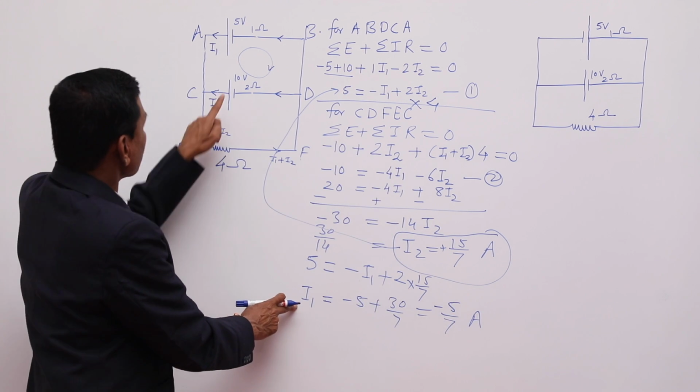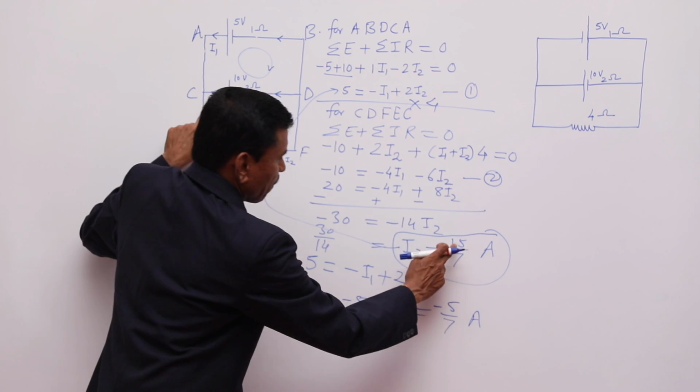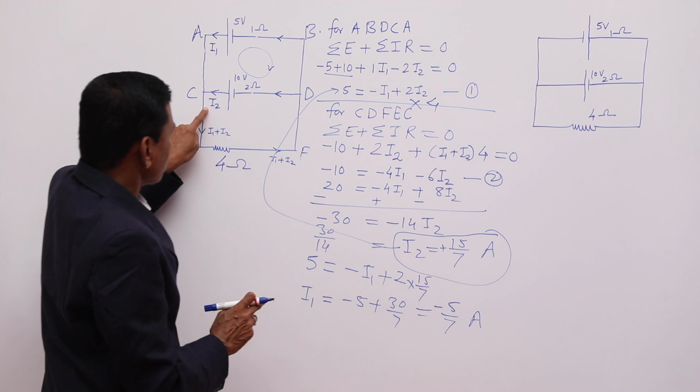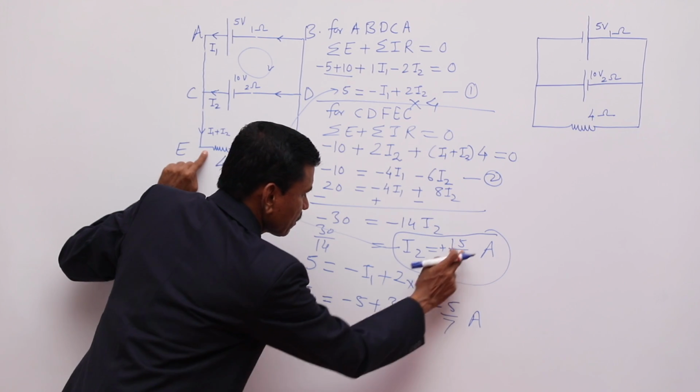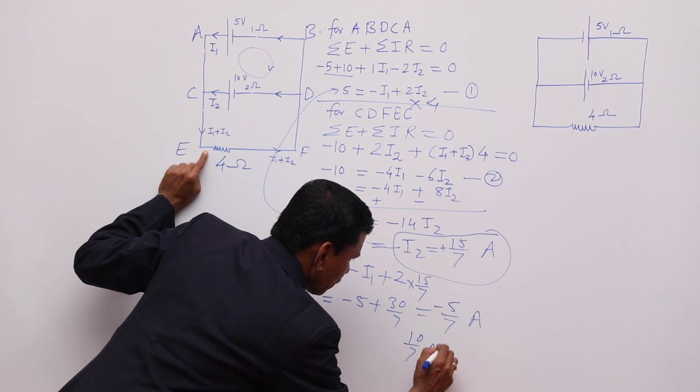So that is current I1, minus 5 upon 7 ampere. This current plus 15 upon 7 ampere current, and here that current will be the sum of these two, that is 10 upon 7 ampere.